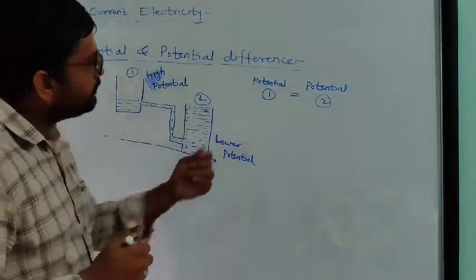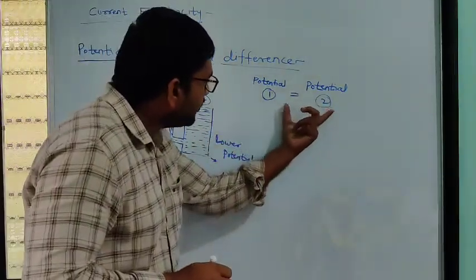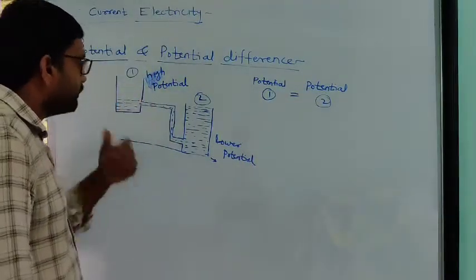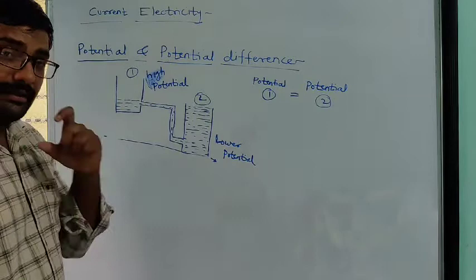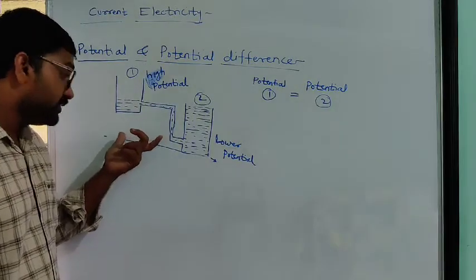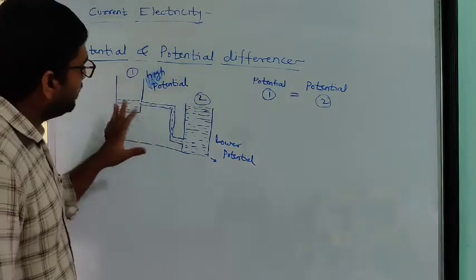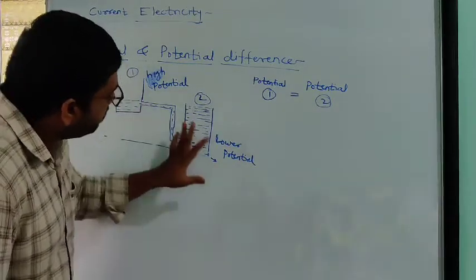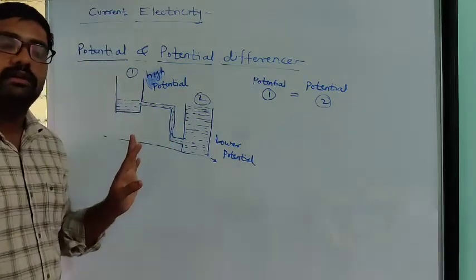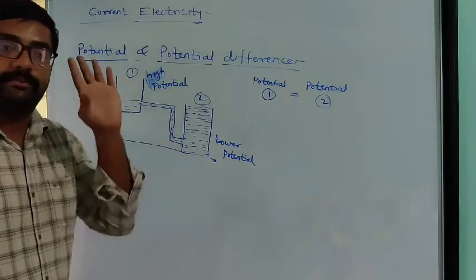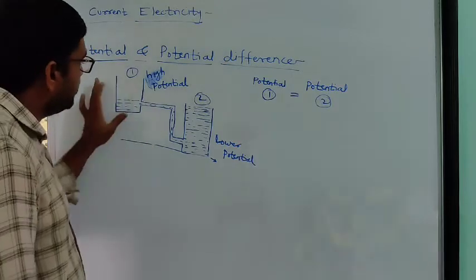When the potential of the first tank and the potential of the second tank become the same, at that time the transmission of water stops. So we can say that water flows from higher potential to lower potential till both potentials become the same.